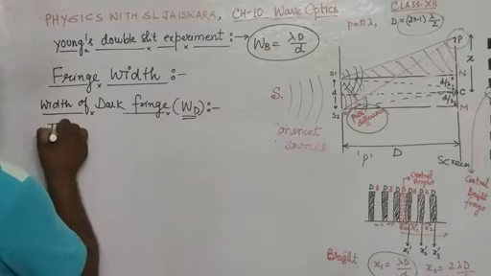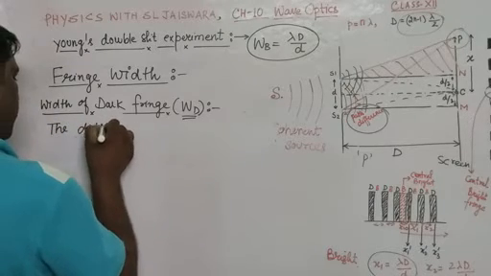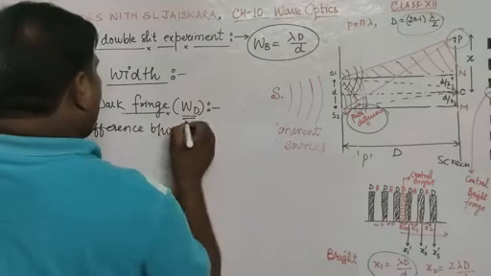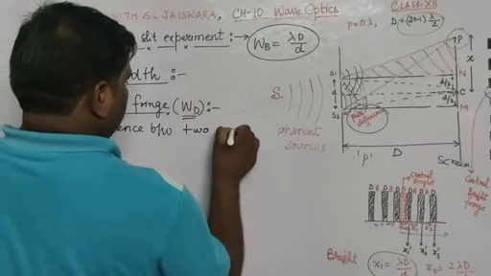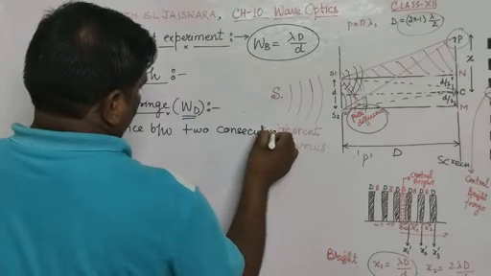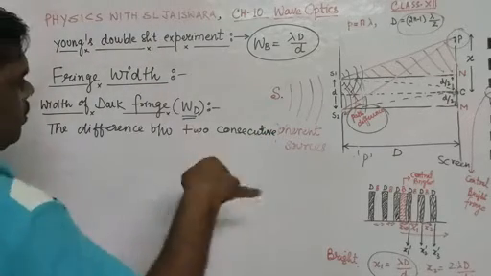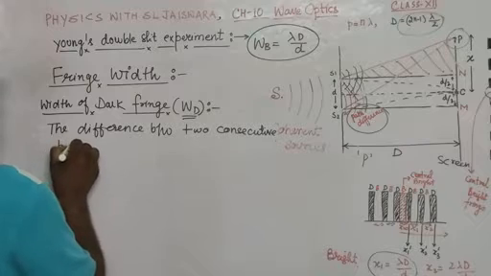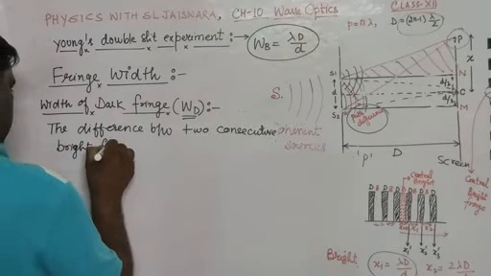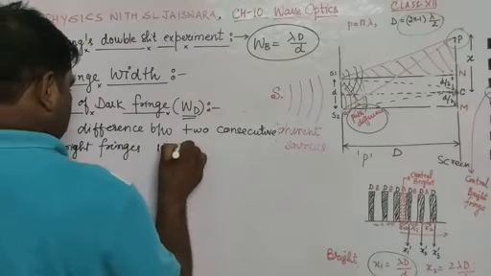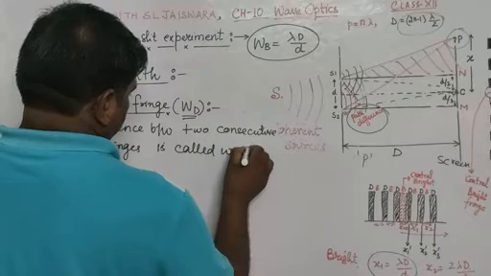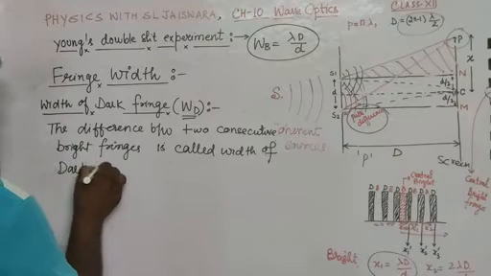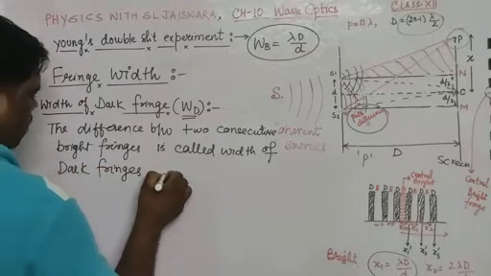How can you define it? The difference between two consecutive bright fringes is called the width of dark fringes.